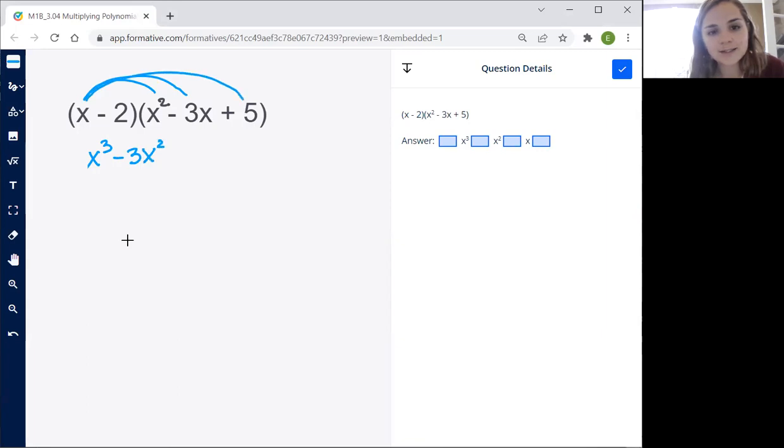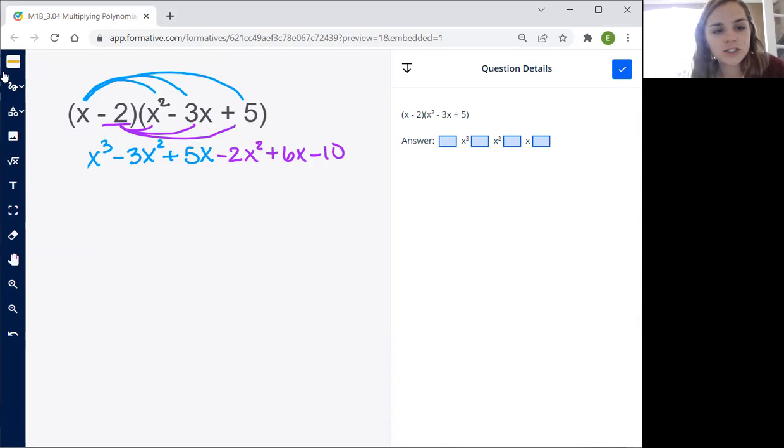And x times 5 is positive 5x. Then distribute the negative 2, so that gives you negative 2x squared. Negative 2 times negative 3 is a positive 6x. And lastly, negative 2 times 5 is negative 10.